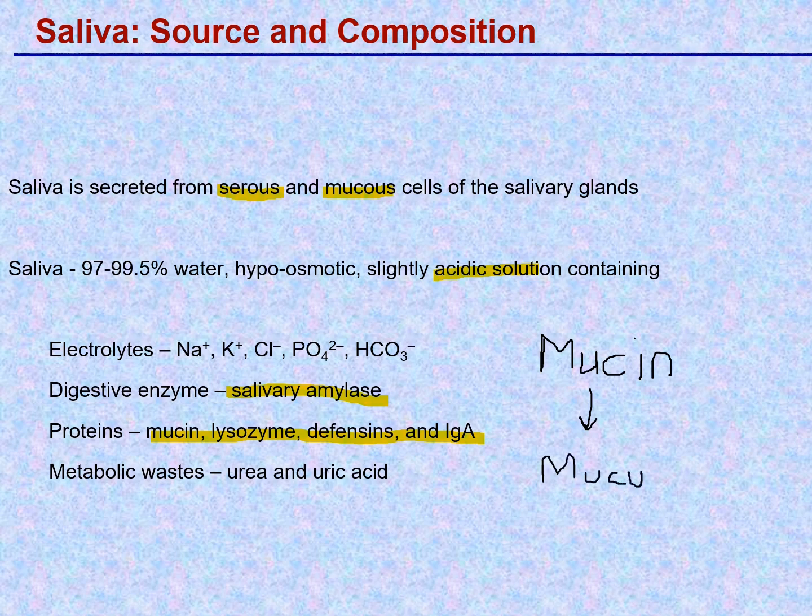So the cells in these glands produce the protein mucin. These other ones, lysozyme, defensins, and IgA, are all involved in immunity and protection against microorganisms that might get into and colonize the oral cavity.